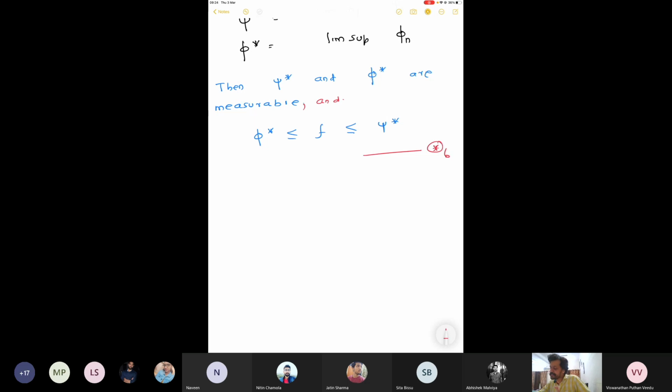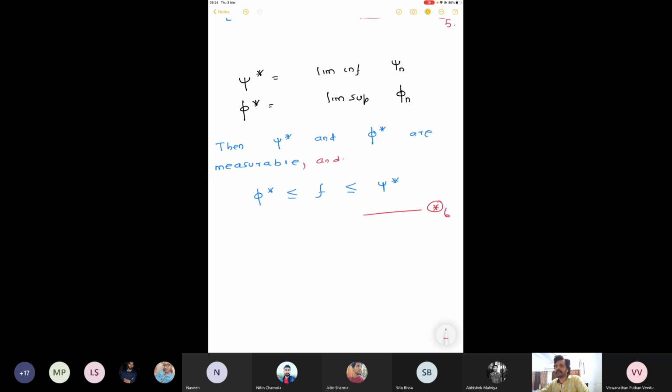Now what I am going to do is show that f coincides with phi star or psi star almost everywhere. Already you know that phi star and psi star are measurable, so you will get that f is measurable. Almost everywhere means where it doesn't coincide should be of measure 0.